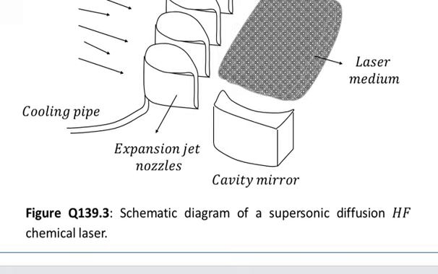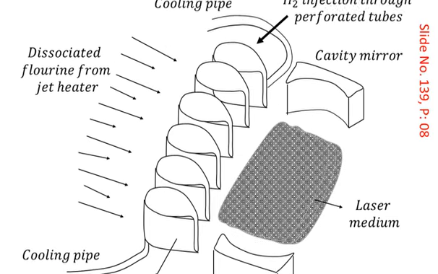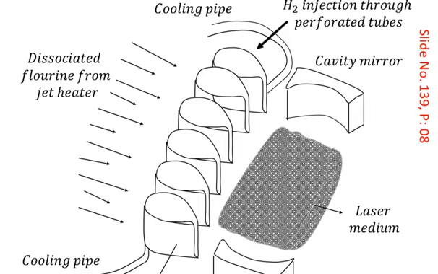So first the caption: schematic diagram of a supersonic diffusion hydrogen fluorine chemical laser. You can see that the arrows indicate the dissociated fluorine from the jet heater. So using the jet heater, the fluorine in atomic form is produced, and you see that it flows in the direction of the arrows.